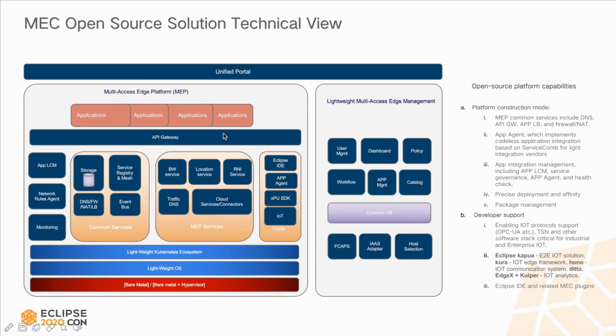Also, for this edge node, which has installed MEP, it supports self-management and offline management. That means even if the edge node is disconnected from MECM, the edge node can manage itself, including the microservices, the storage, and the data.